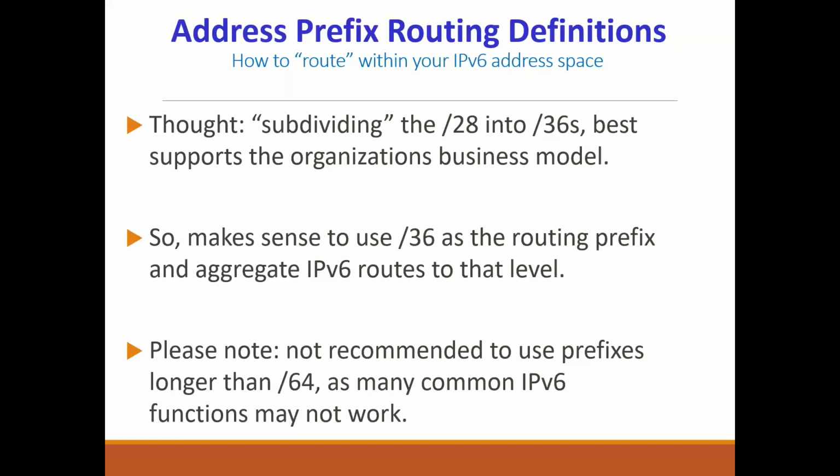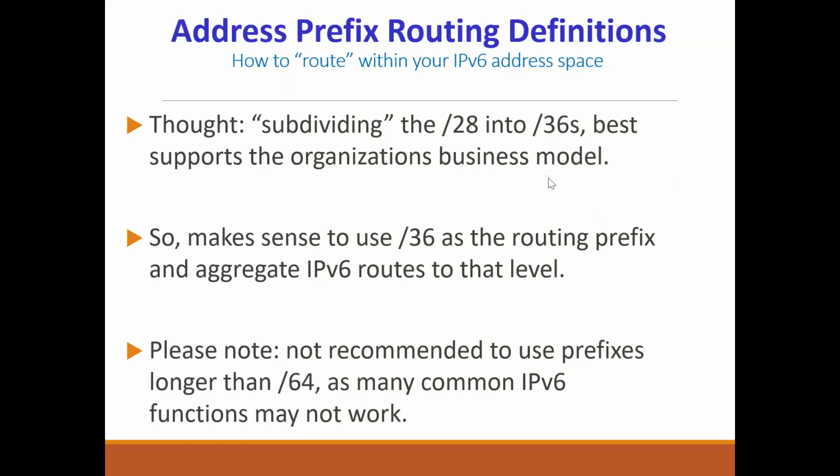So it probably makes sense that we would use that as our default routing prefix and aggregate routes to that level. And Nalini covered aggregation last week, and I think she yelled at us a lot about how important it was, and it really is. I'm going to try to hammer that home just a little bit right now.